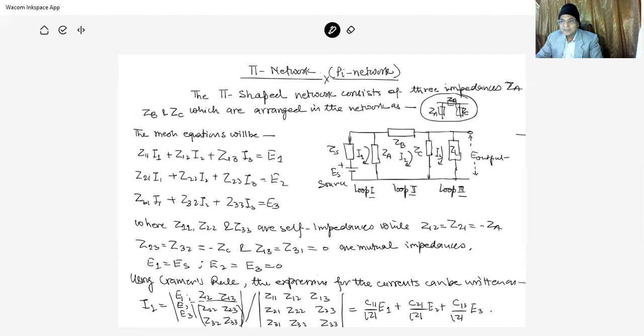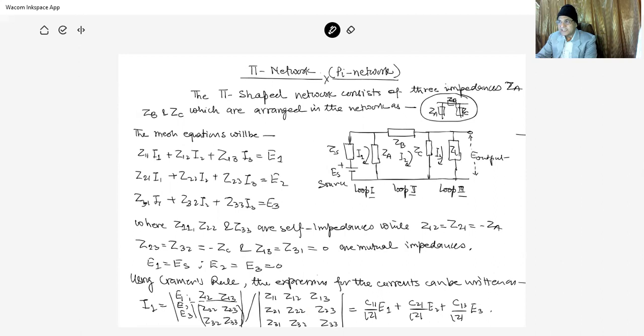Z21 I1 plus Z22 I2 plus Z23 I3 is equal to E2. And Z31 I1, Z32 I2, Z33 I3 is equal to E3, where Z11, Z22, Z33 are self impedances, while Z12 is equal to Z21 is minus ZA.